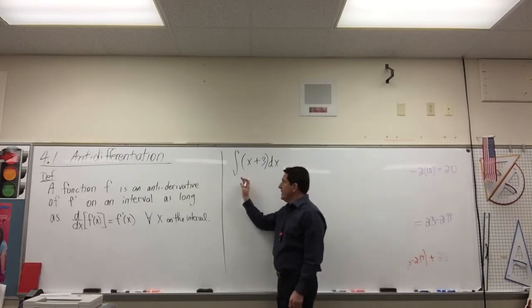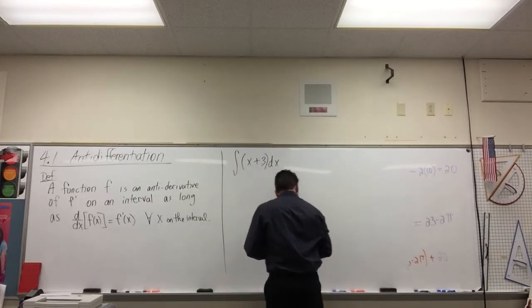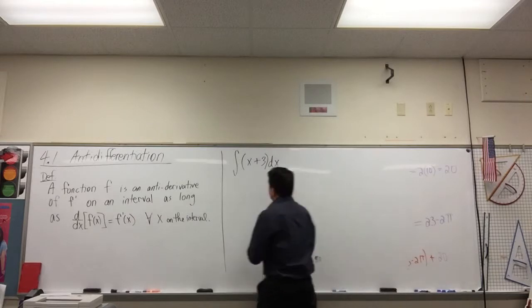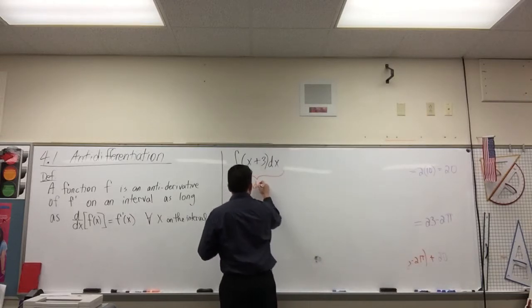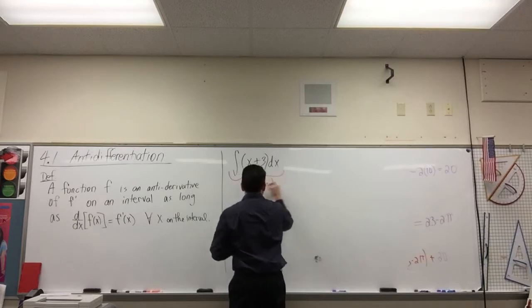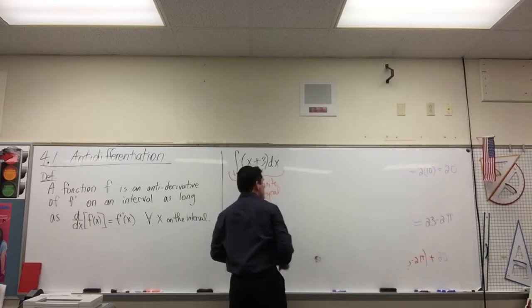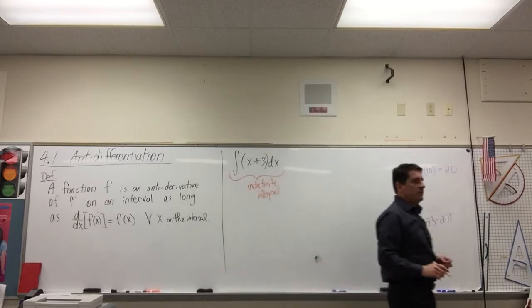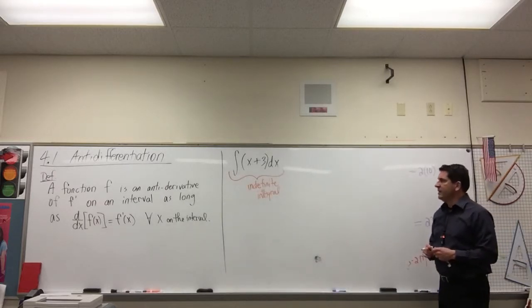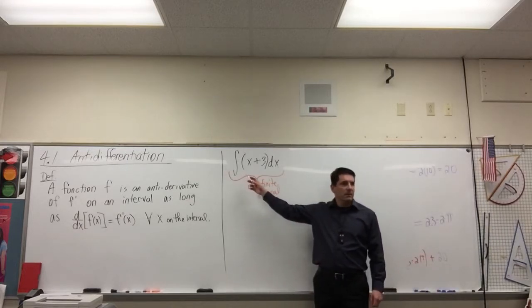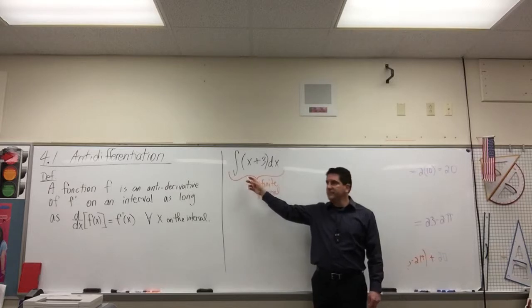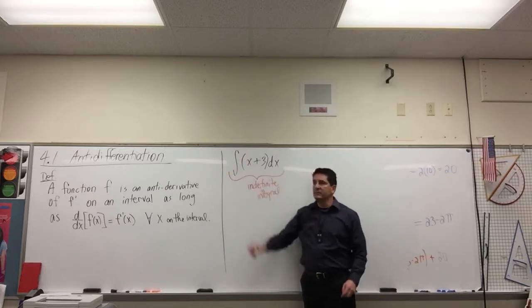Now, this is an example of an indefinite integral. The difference between a definite integral and an indefinite integral is that it doesn't have the limits. There's no number here nor here.